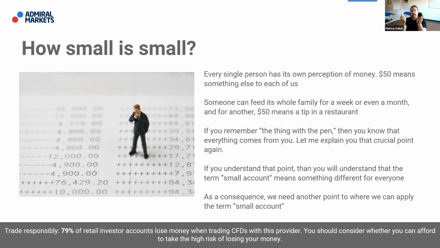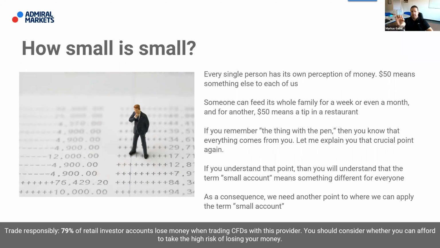Now, this is the crucial point about the pen, and this is what you have to think about. Even the chart on the right side is only your perception. Everything comes from you. Even if you judge some people around you, you are the only one who sees this guy in that way, or a girl or a man in that way.